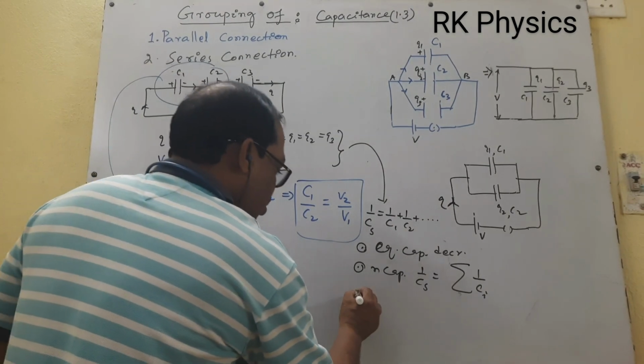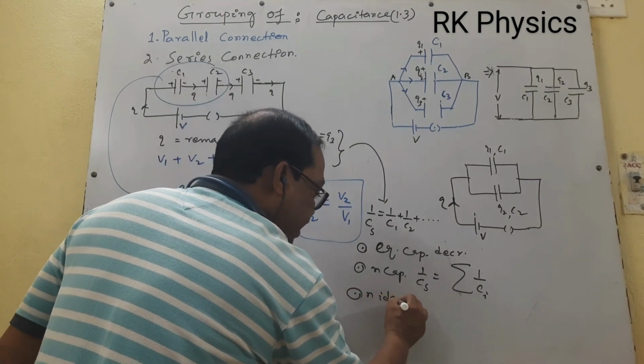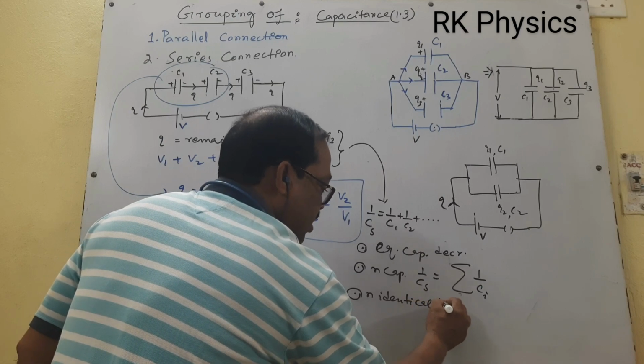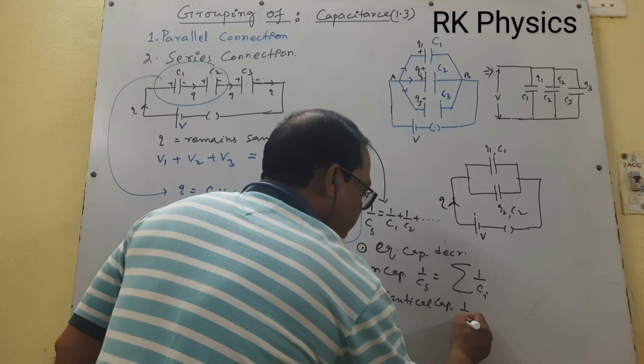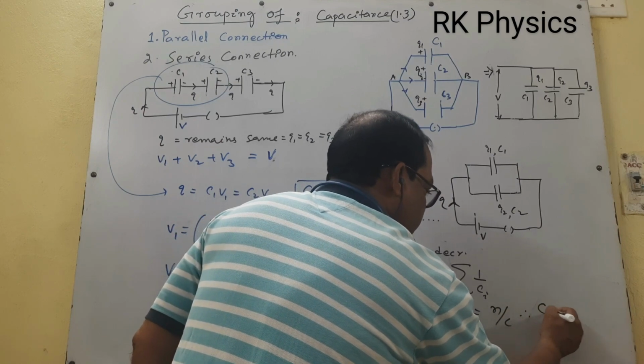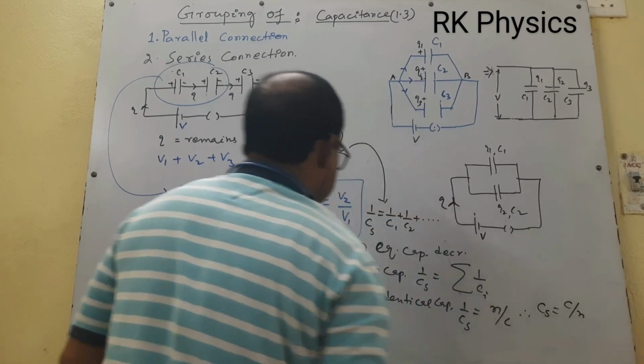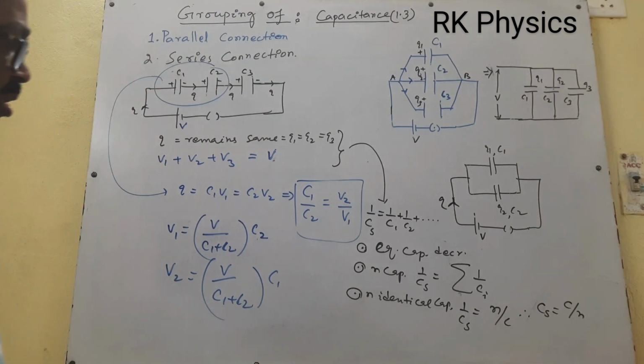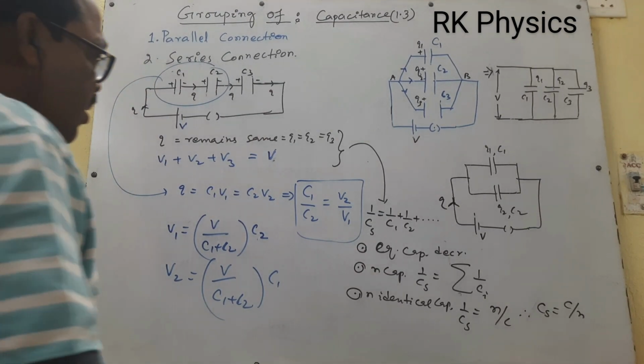Okay? Now, for n identical capacitors, 1 by Cs is n by C, so therefore Cs is C by n. Okay, Cs is C by n.